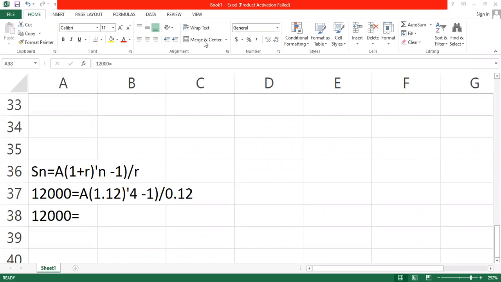So that will be minus 1. It is 1 plus r exponent n, minus 1. So minus 1, you're getting 0.57. So what will happen again? You divide this one by r, isn't it? So divide this by 0.12.